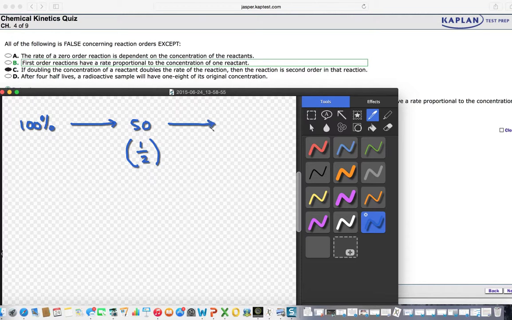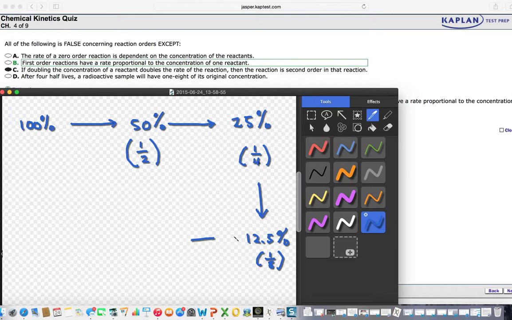After 2 half-lives, I'll have 25%, or 1/4. After a third half-life, I'll have 12.5%, or 1/8.